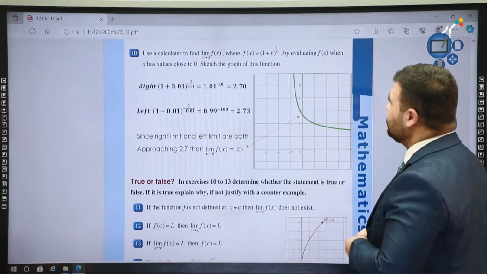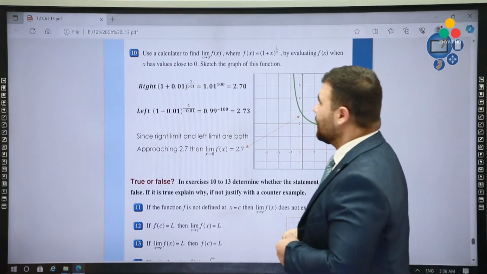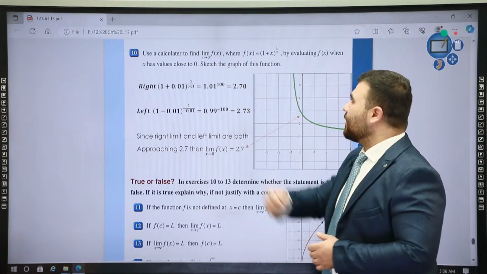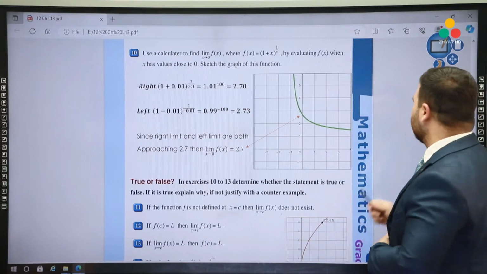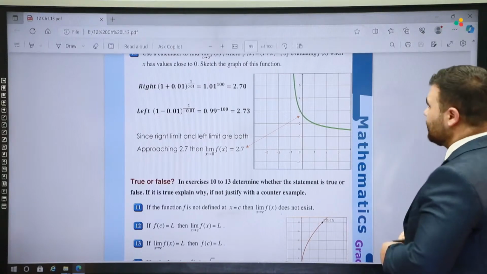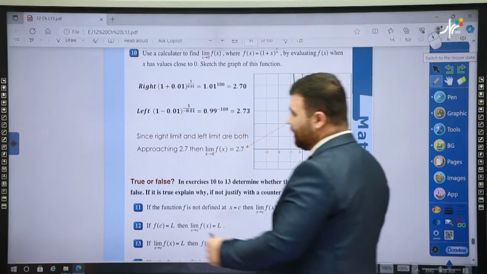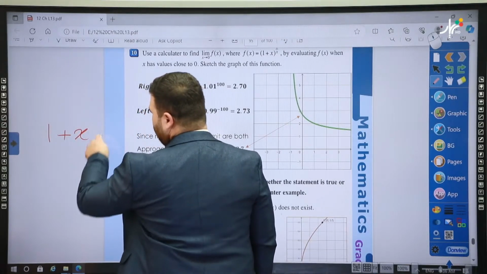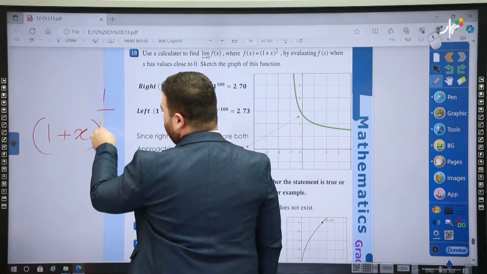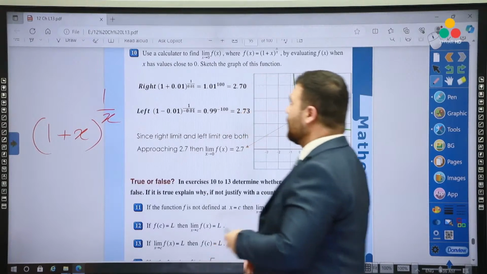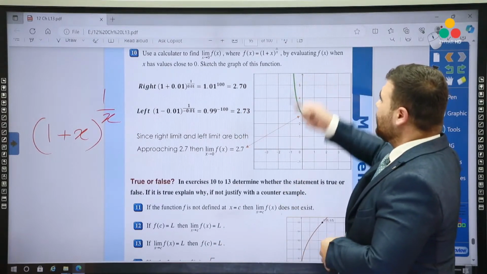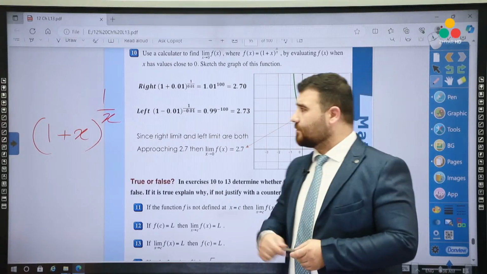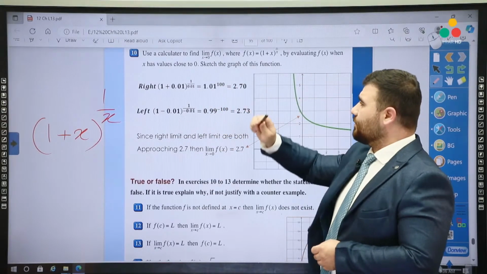Question 10. Use a calculator to find the limit as x tends to 0 of f(x), where f(x) is (1 plus x) to the power 1 over x. What we have is (1 plus x) all to the power 1 over x. This is the function we have, and we are evaluating f(x) as x approaches 0.